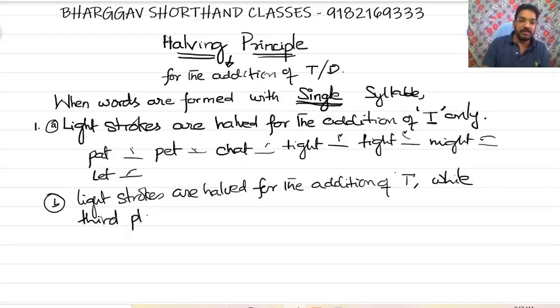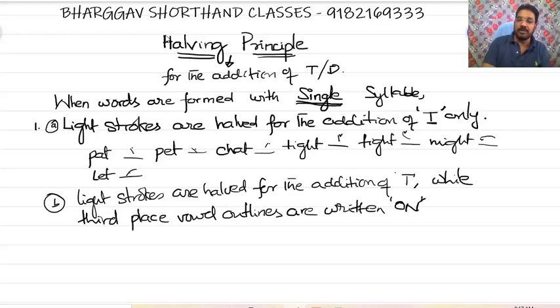Third place vowel outlines are written on the line. After employing the halving principle, for third place we cannot write through the line.